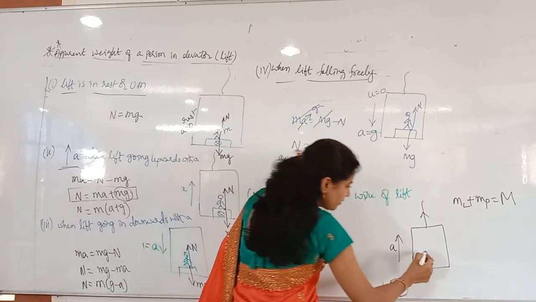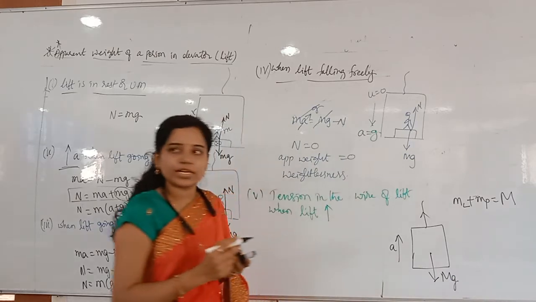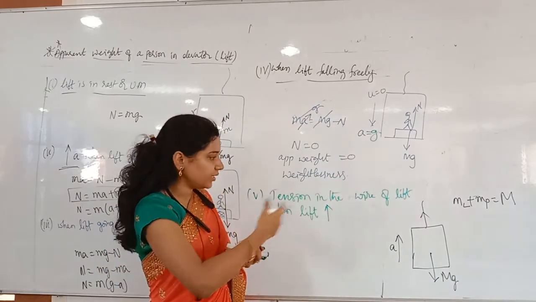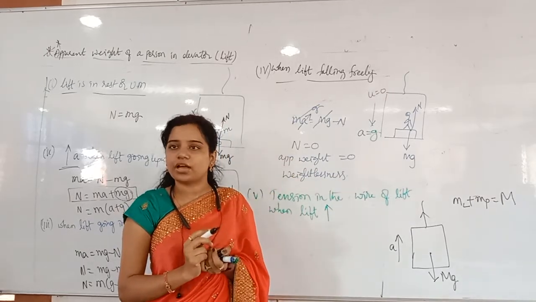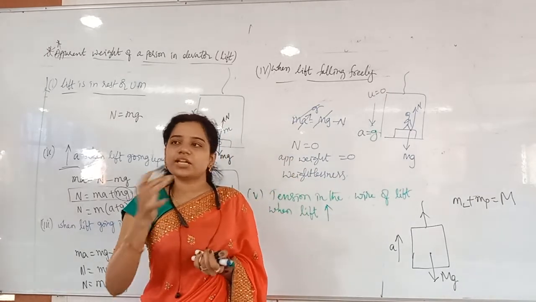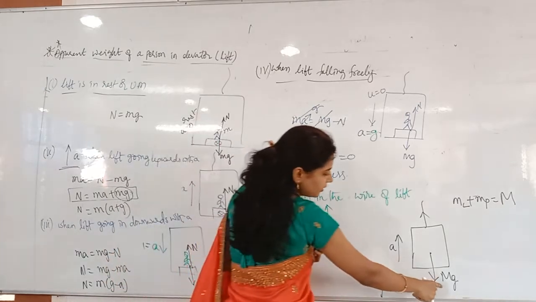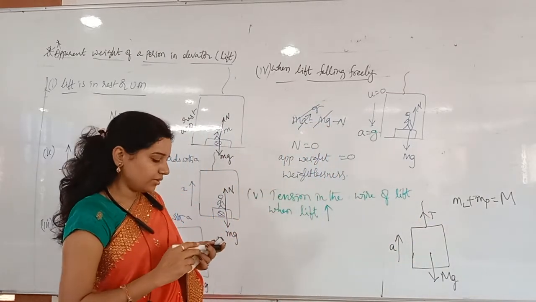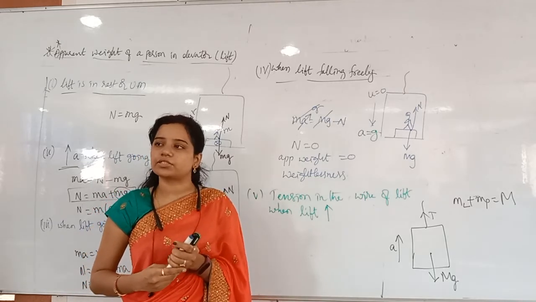So can I say that the weight of the lift is capital M into g? Correct, right? The person is inside obviously. Now we do not need the person separately, because we want to find the tension in the wire only. I want only the lift, and inside the lift the person is already there. Together, the mass they form is capital M. Now this tension I have to find out. Tell me, will the tension be more or less whenever the lift is going in the upward direction?